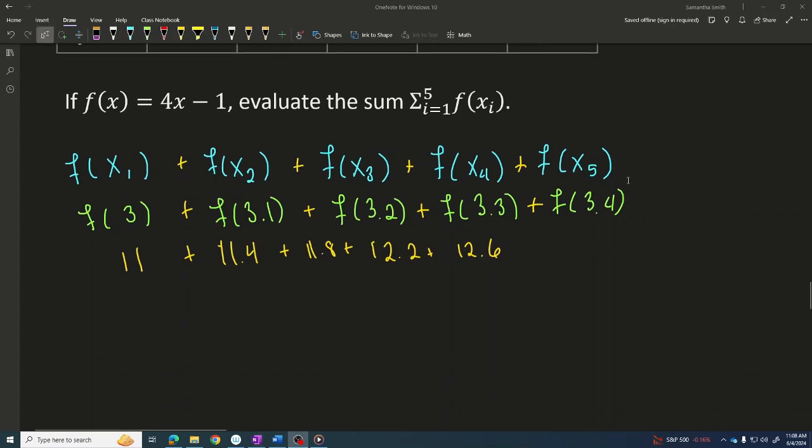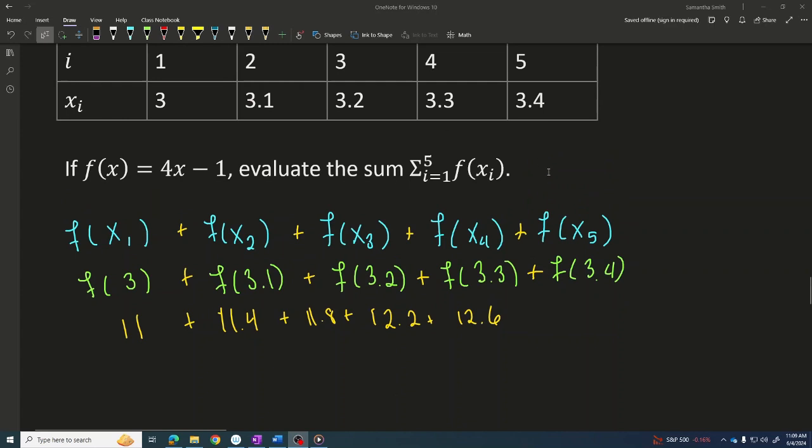So I did those calculations off screen, and those associated outputs are given by these values here, first 11, then 11.4, then 11.8, and so on. And then by adding all of those values together, the result of that sum would be what is being called upon in shorthand by this summation notation.